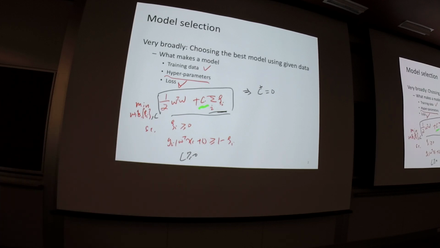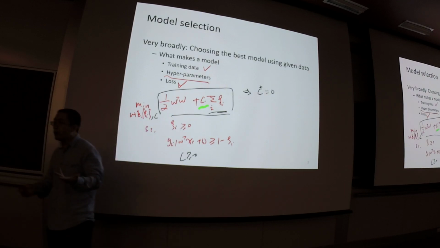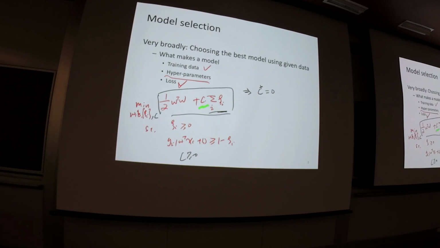If you do not add this term here, what will happen? If you have positive here, and negative here, and negative here, you can just make your margin like this.